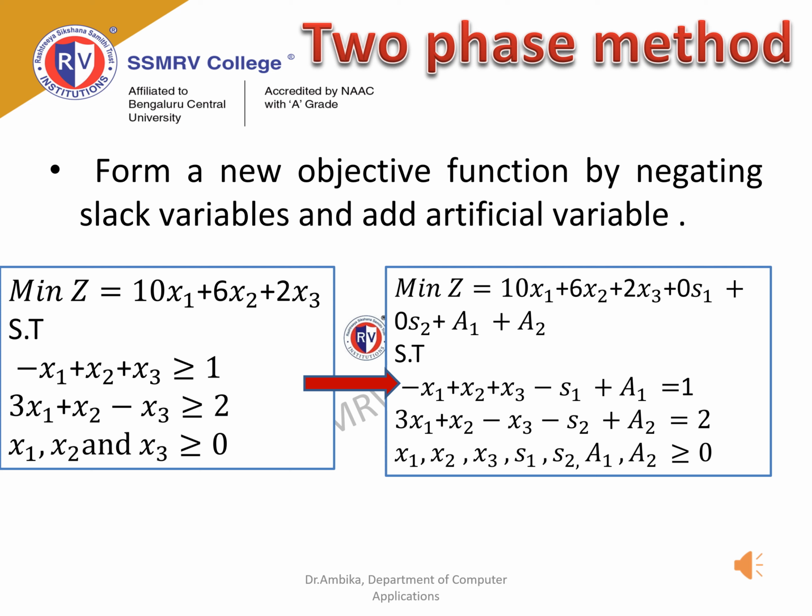To do so, we will be utilizing a slack variable and an artificial variable in both the constraints. We need to negate the slack variable and add the artificial variable in order to equate LHS to RHS. In the first constraint, we will be negating S1 and adding A1. In the second constraint, we will be negating S2 and adding A2.